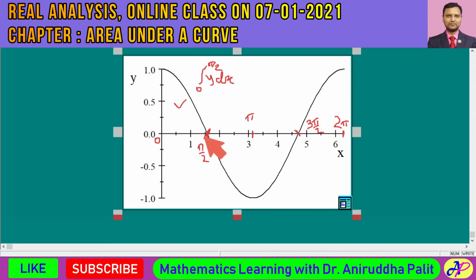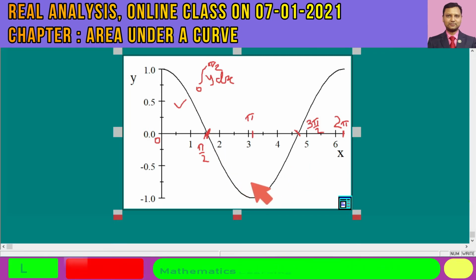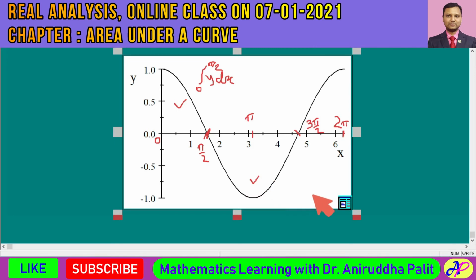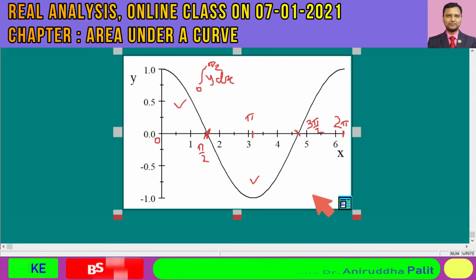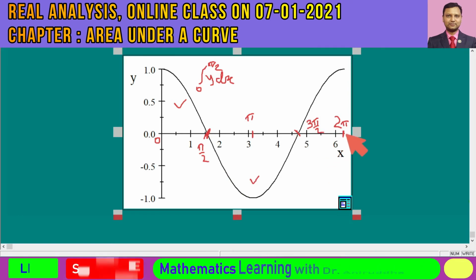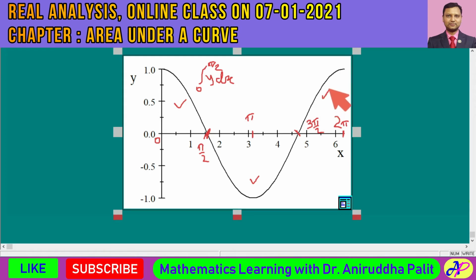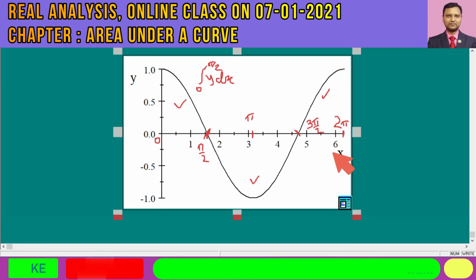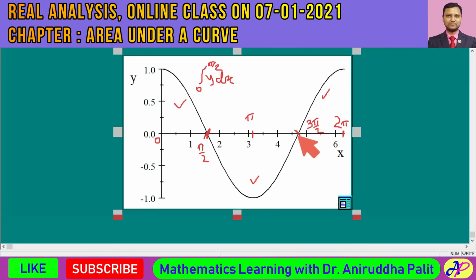Within pi by 2 to 3 pi by 2 the function is negative, so you will have to compute the same kind of integral from pi by 2 to 3 pi by 2, and then again within 3 pi by 2 to twice pi the function would be positive. So you will have to make three integrations.